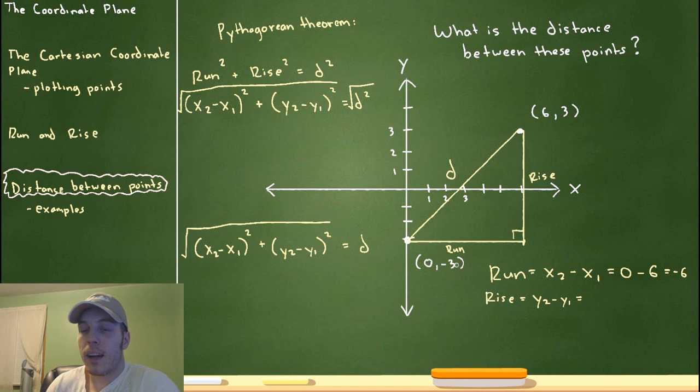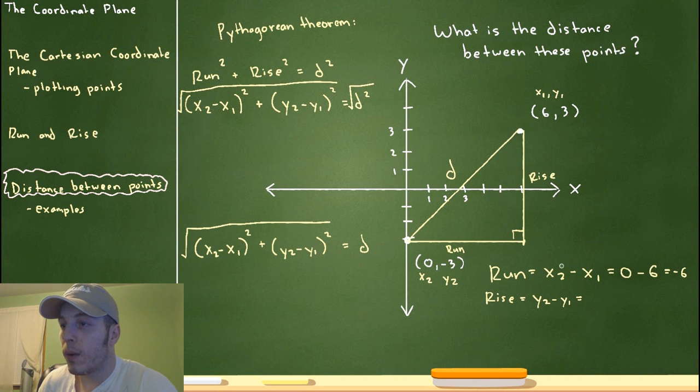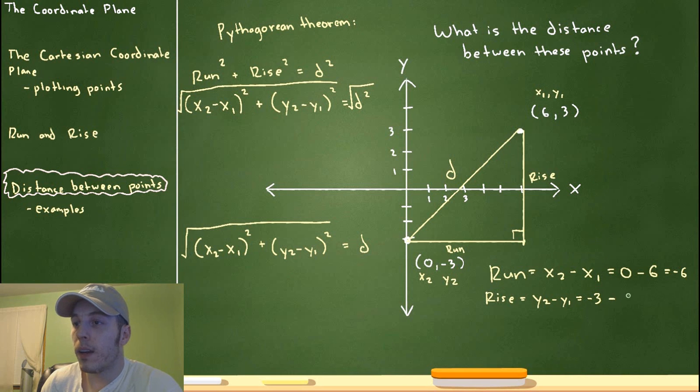I didn't tell you which one I was doing as x2 and x1, but I'm saying this one is x2 and this is y2, and this is x1 and this is y1. So y2 minus y1 would be negative 3 minus 3, which is negative 6. So the run and the rise both give us negative 6.